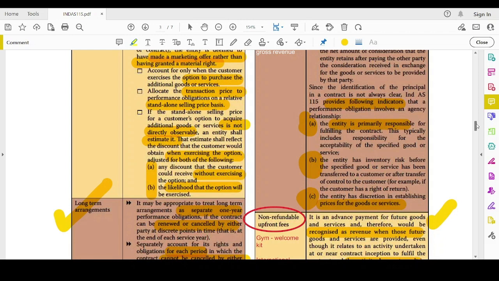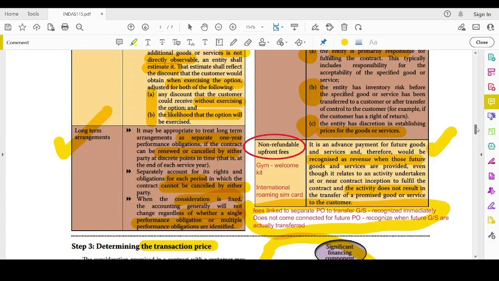The principal is the person who carries the inventory risk and who has the discretion in establishing the price, that is, he bears the price risk, and he is primarily responsible for the fulfillment of the contract. Even if the agent brings some customer, it is the duty of the principal to deliver the goods. So only if the three conditions are satisfied will he be treated as a principal.